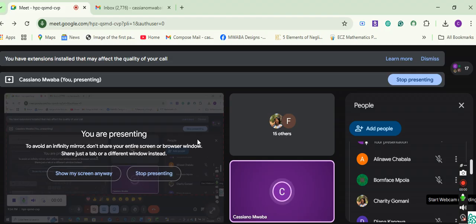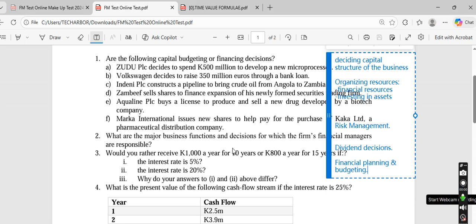Even for debt, the debt that's traded on the Lusaka Securities Exchange, you just get the number of bonds and multiply that by the price. That's the market value of debt. Then you can now value your company. So increasing share prices and paying out dividends, so that the value of the company is growing.